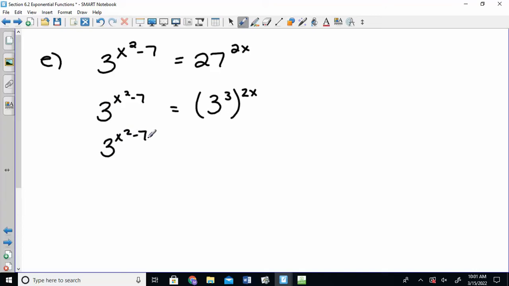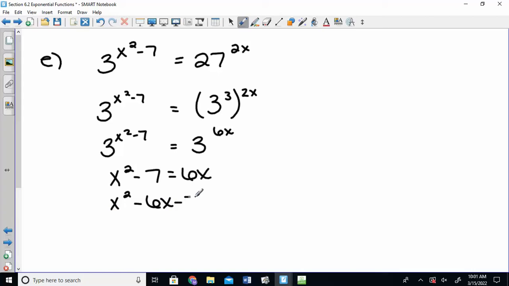So on the left, nothing changes. On the right, power to a power you multiply, so that's 3 to the 6x. So then we can set those exponents equal to one another. We subtract over the 6x. Multiply to -7 and add to -6.